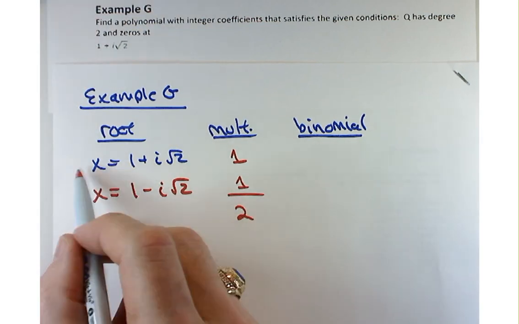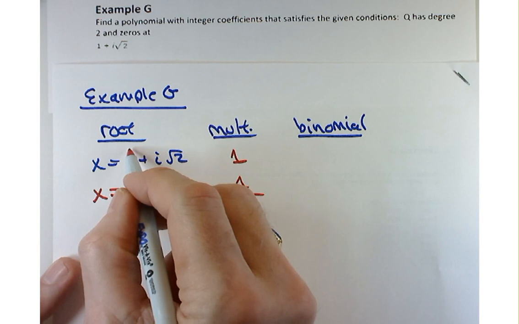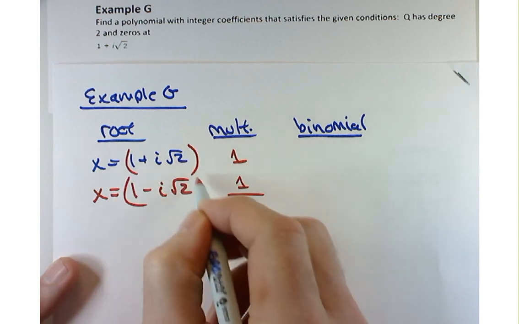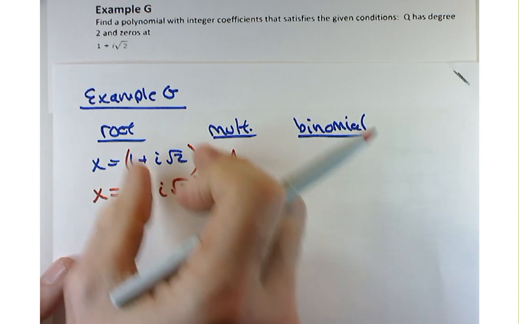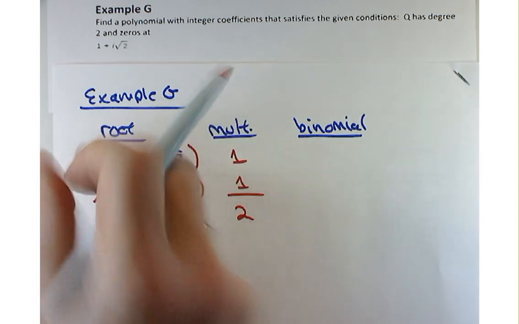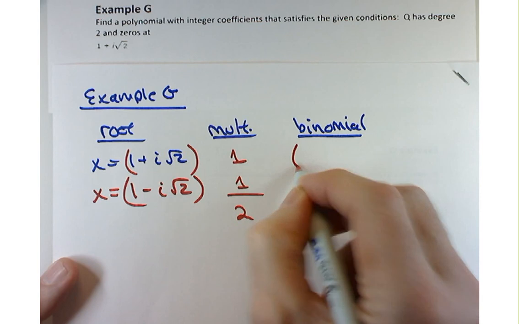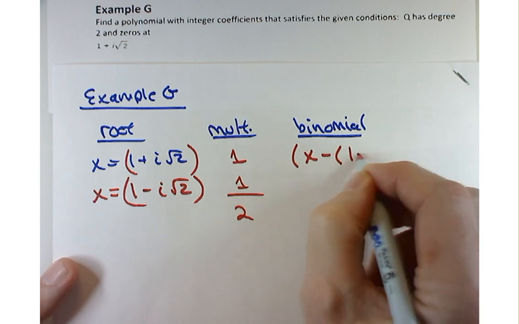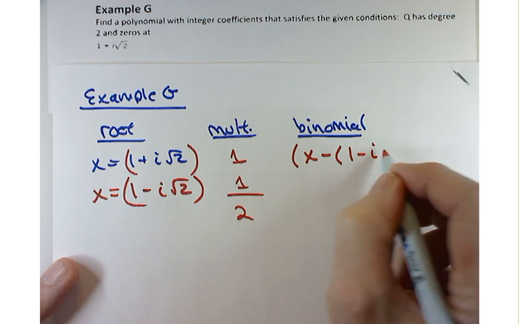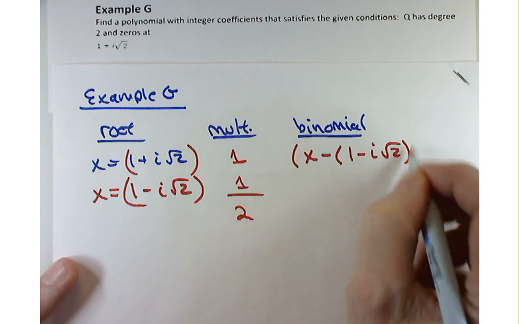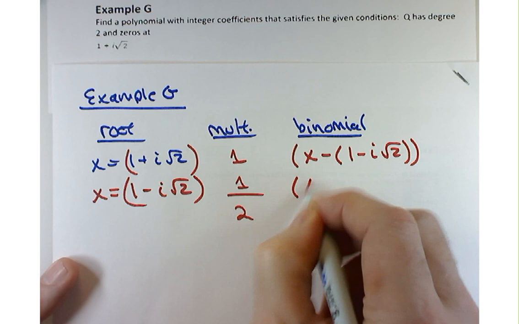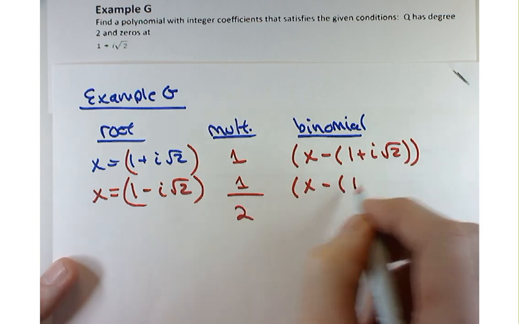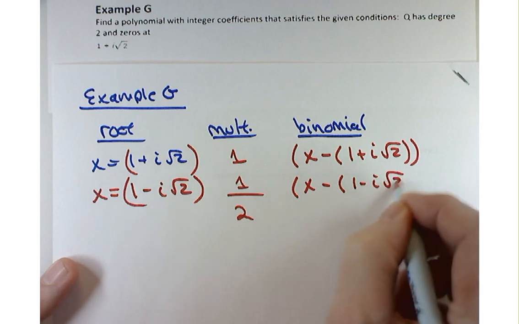Let's move these to the other side. And tell you what, I'm going to move them to the other side this way. I'm going to regard this as one whole term and create a binomial of x minus 1 minus i times the square root of 2 and x minus, that should be a plus here, 1 minus i square root of 2.